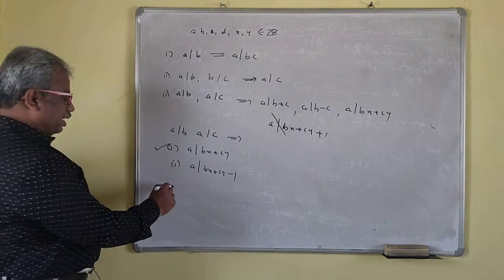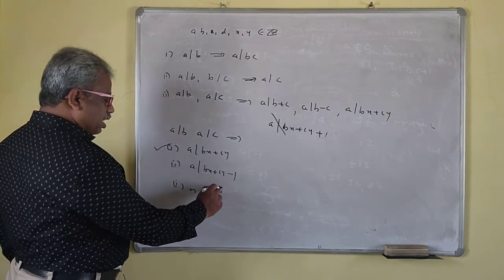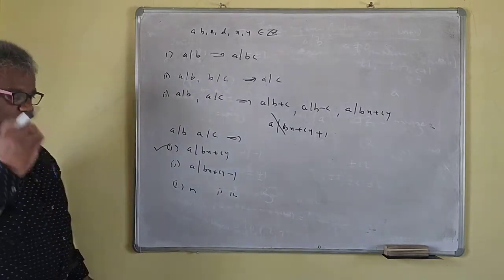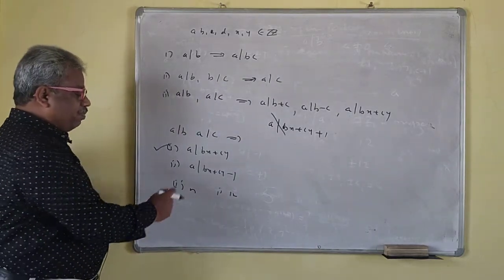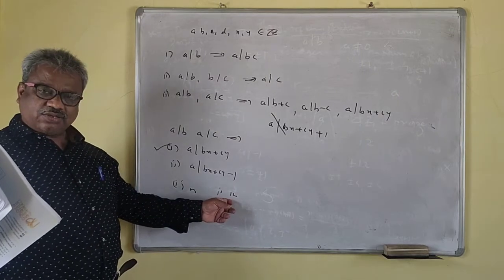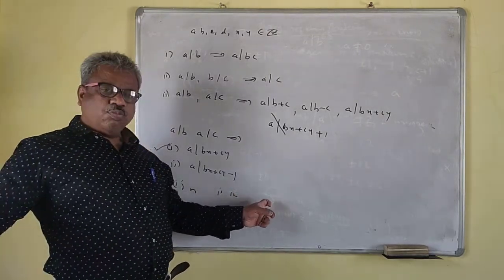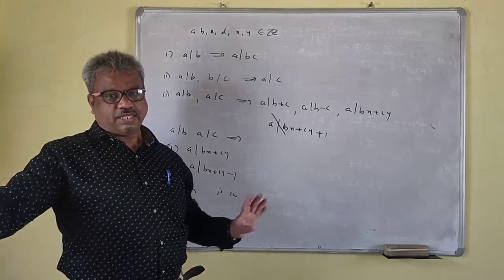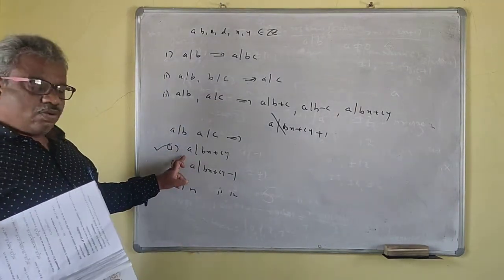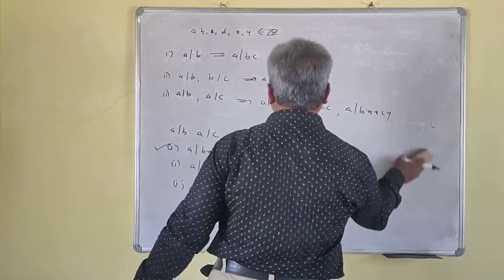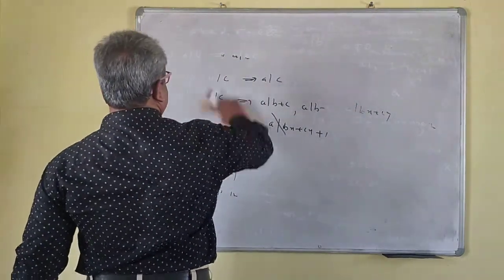So the options will be like: only the first is true, only the second is true, both first and second are true, both are false. Here only the first is true and the second is false. The question may be asked like this.